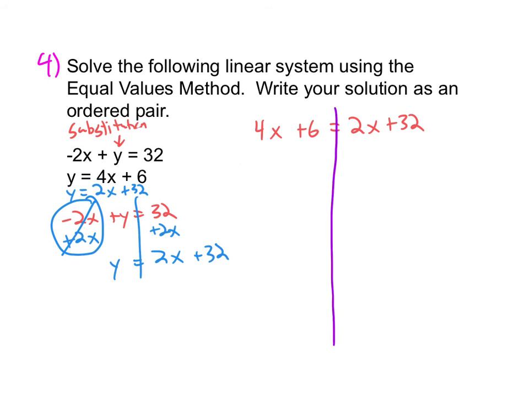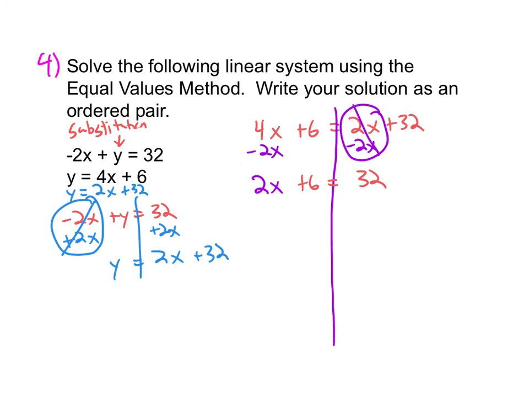So I'm going to take the smaller x value, which is 2x, and I'm going to move that onto the other side. So I'm going to subtract 2x to create a zero pair here. Positive 2x and negative 2x, that cancels to be a zero pair. 4x minus 2x on the left side is equal to 2x. On the left side, my positive 6 is the same. And on the right side, my 32 is the only thing left over.